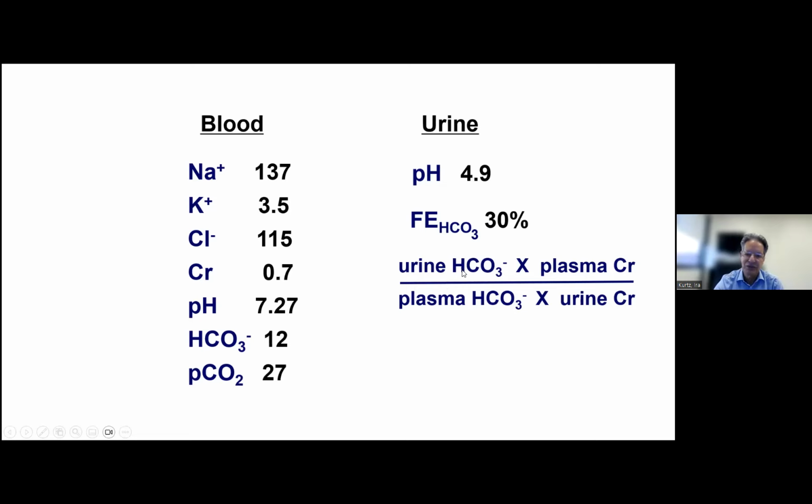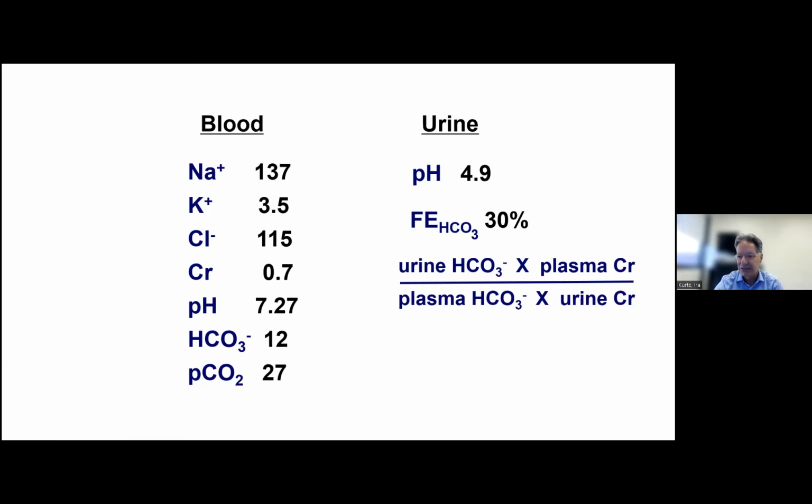You can also get the total CO2 if you want. You can send the blood off, the urine off for chem panel, instead of getting blood gases and getting a calculated bicarbonate. So either way, you plug in either the total CO2, or if you happen to get blood gases from the urine, it's called blood gases.